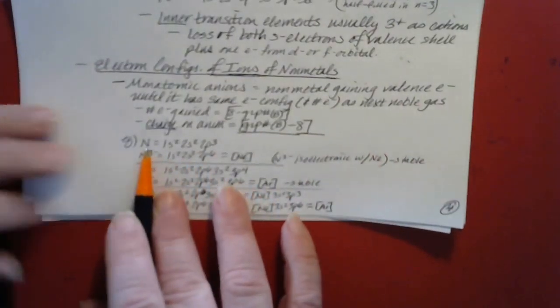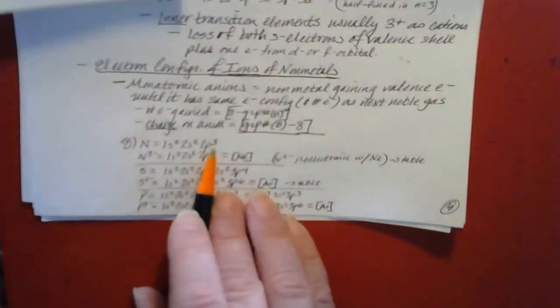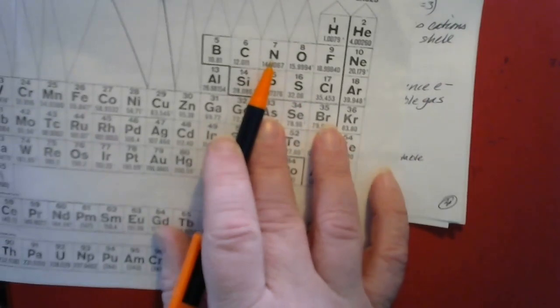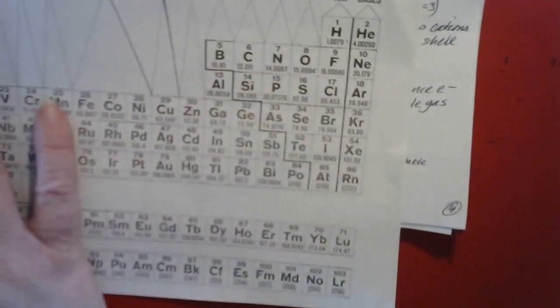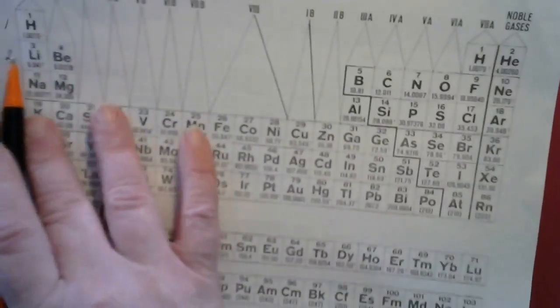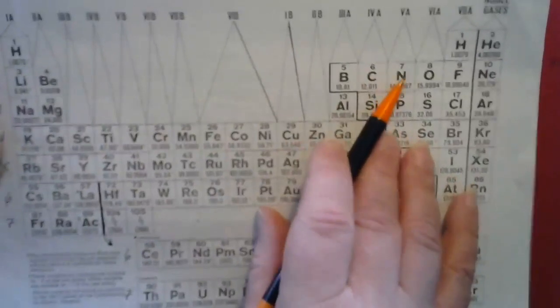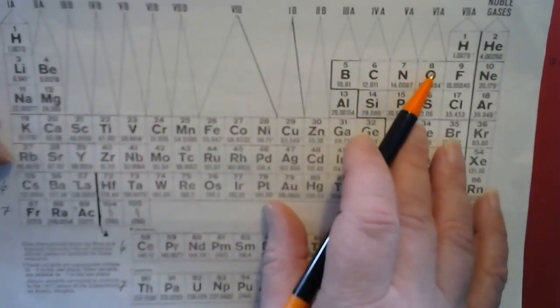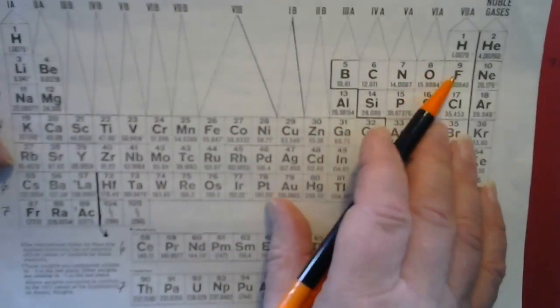And so say for nitrogen, has an electron configuration of 1s2, 2s2, 2p3, because it's the third element into the p block in n equals 2. So 2p, 1, 2, 3 will be how it ends. And then if it wants to form an ion, nitrogen, like phosphorus, is going to gain 3 electrons.